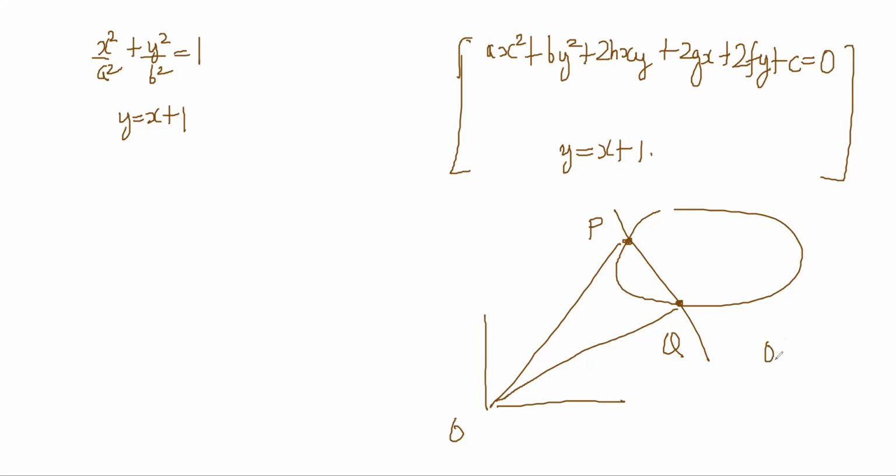OP and OQ is an equation of a pair of straight lines through the origin. So what if I knew the equation of the pair of straight lines through the origin? It would be something like capital A x squared plus 2 capital H xy plus capital B y squared.